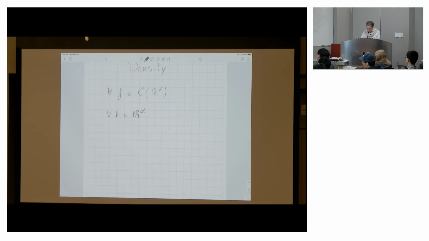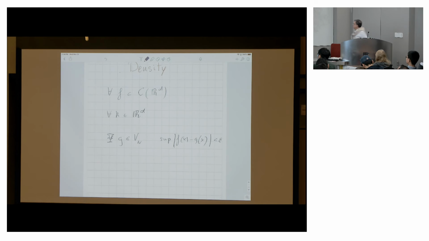Now, for any G in Vn, no, for any F, there is a G such that the sup of |f(x) - g(x)| is less than epsilon.